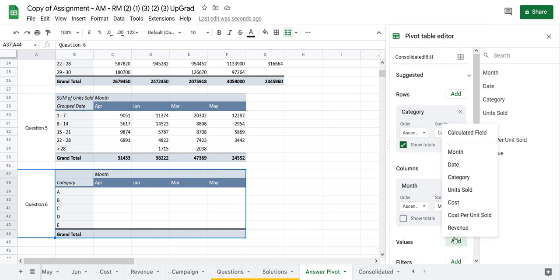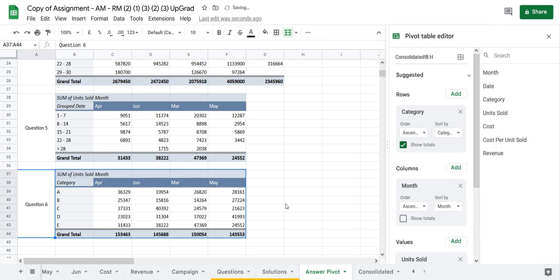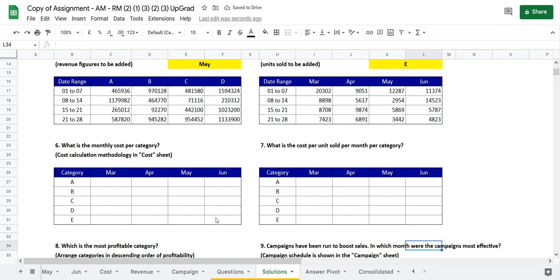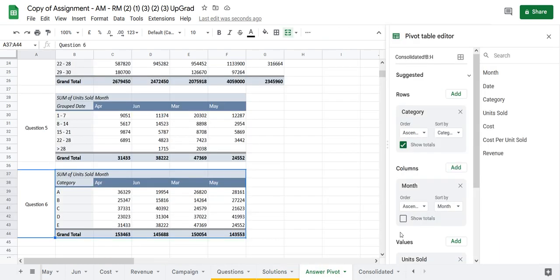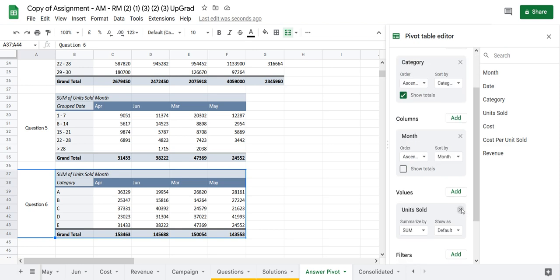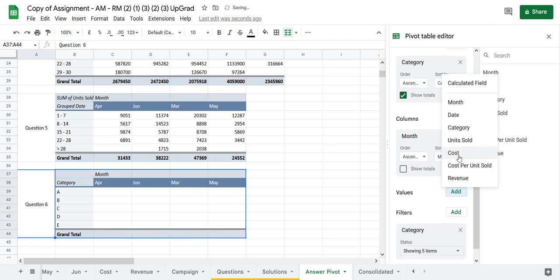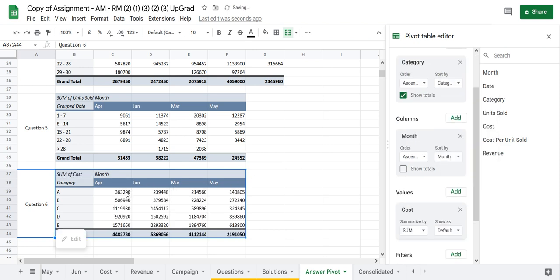So basically this will be our answer. Sorry, we don't want units sold, we want cost actually. So instead of units sold, I'll add cost. So this will be our answer.